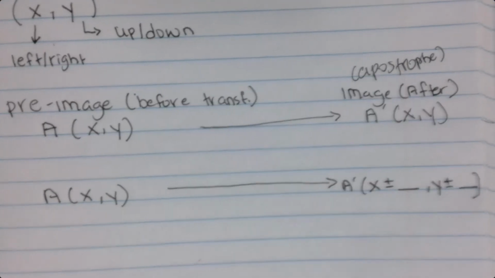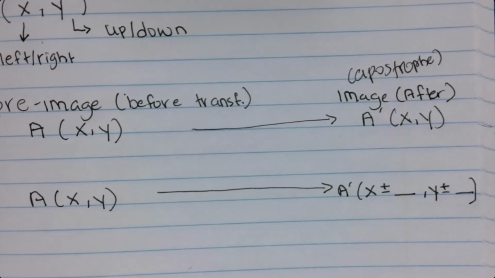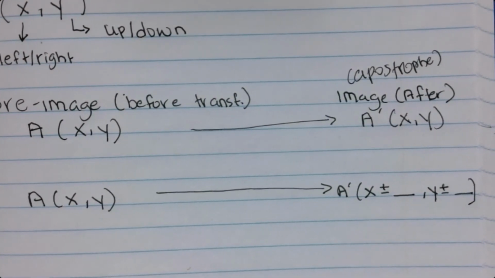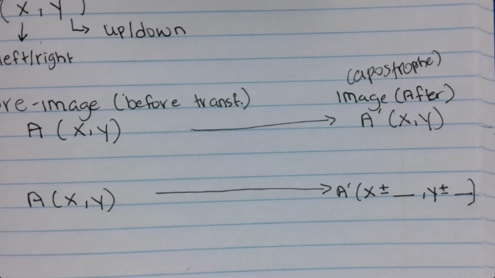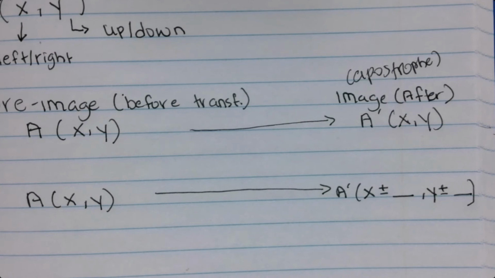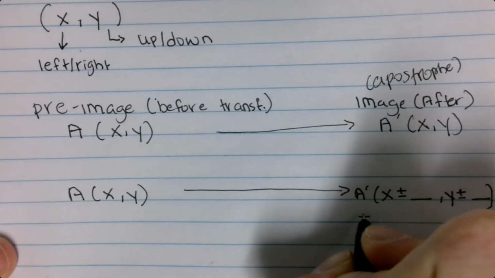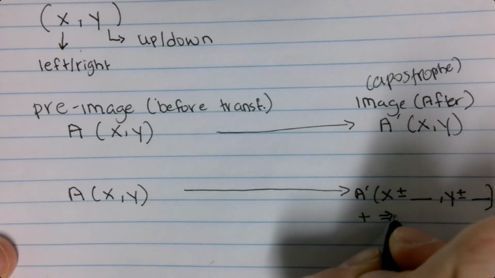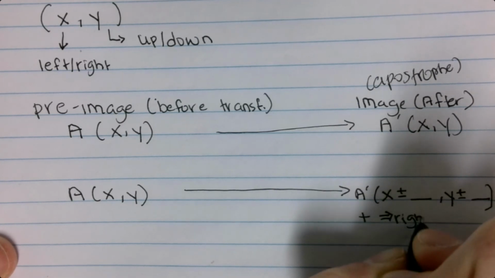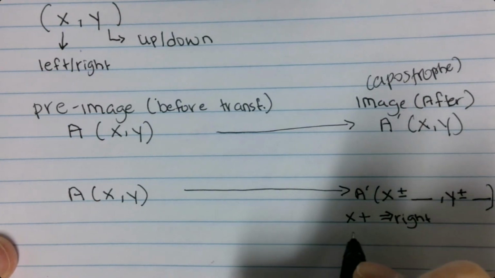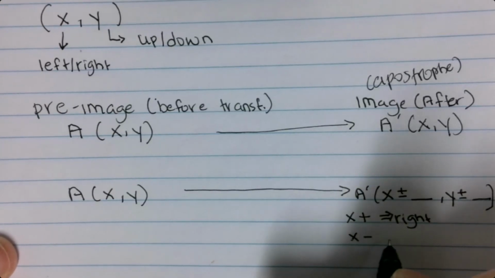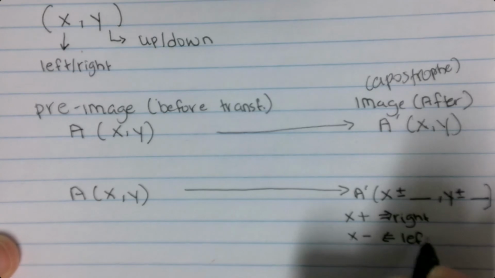So think about a coordinate plane. If you add something to the x, would you go left or right? Right, exactly. So a plus sign means you're going to go right. X plus means go right. X minus means go left.